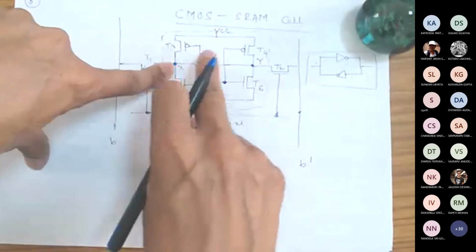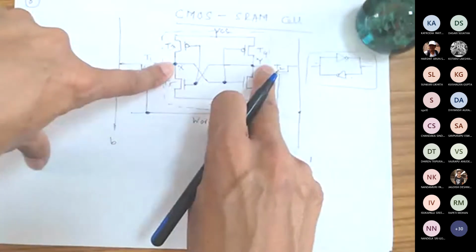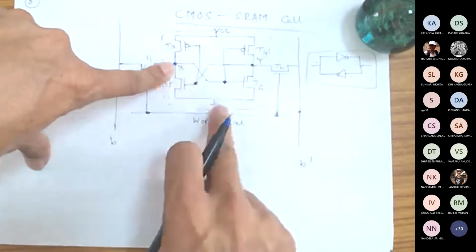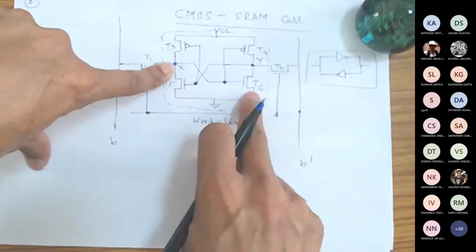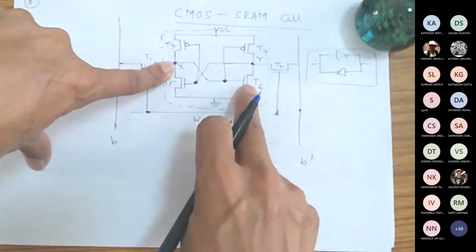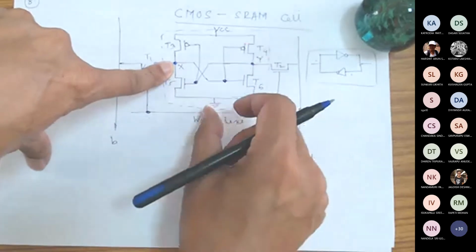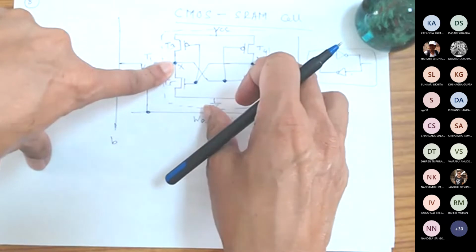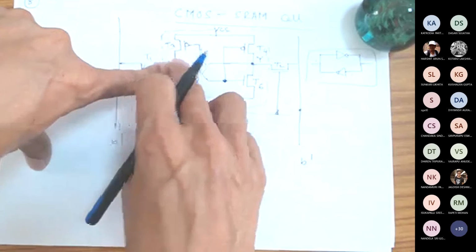Whenever the logic 1 is here, VCC cannot pass here because this transistor is off. But ground can pass here because this transistor is on. Since this transistor is on, there is a path. So whatever the voltage is here, that voltage will be here. There is a direct path to the ground. That's why applying 1 makes here 0.